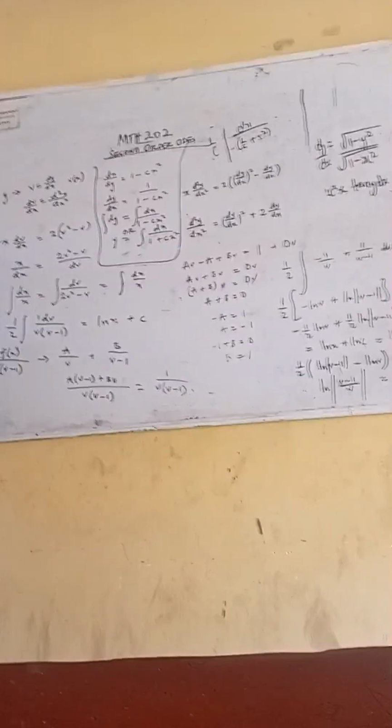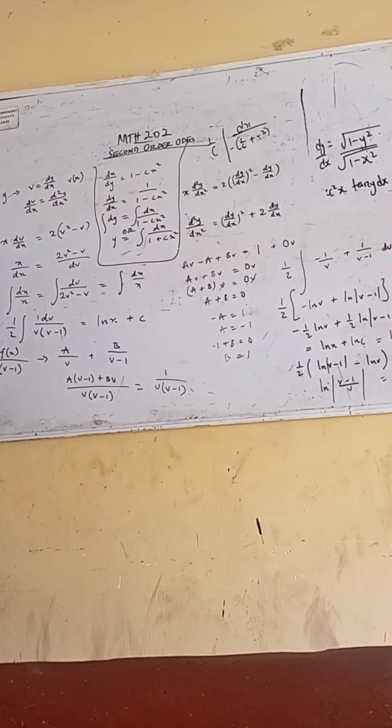Physics is shaking me like this. I don't like Tama physics. I also have issues with the 300 level. All I love is vector, electromagnetism, vector, 102. Those are my best courses.